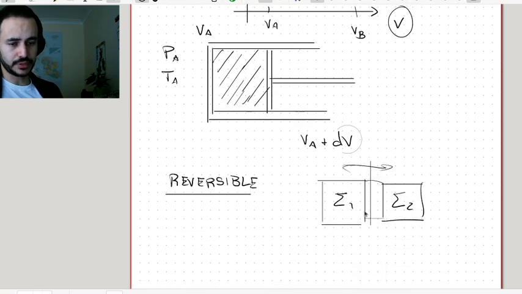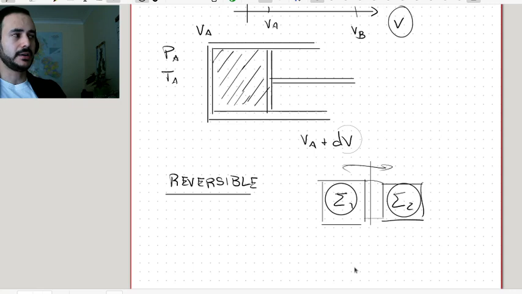And I would call a process reversible if, when I repeat the process in reverse, so I undo whatever it is that I did exactly in the same way, but playing the movie backwards, then the states sigma 1 and sigma 2 and any other systems in contact are restored exactly to the initial state that they had before.